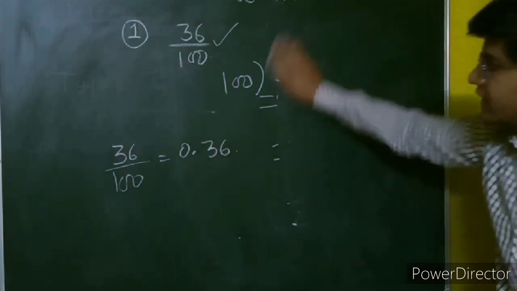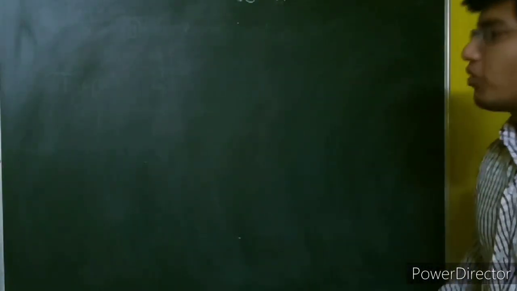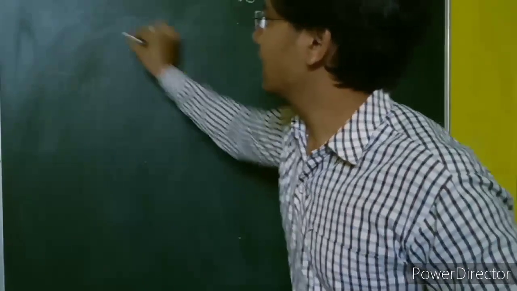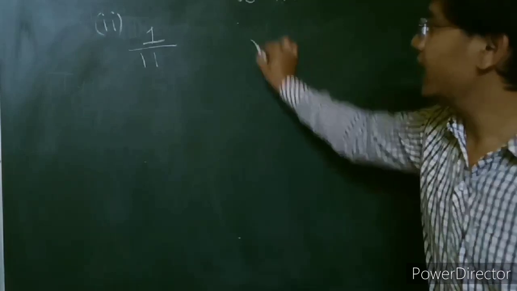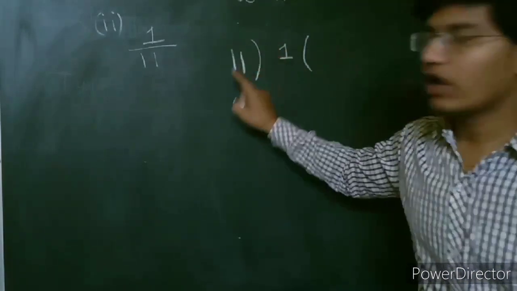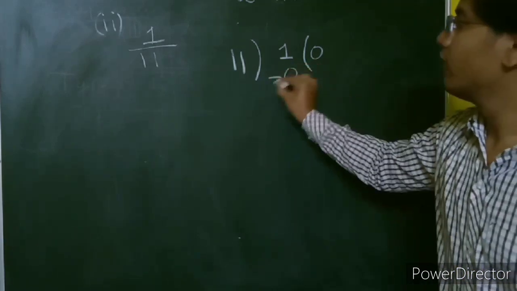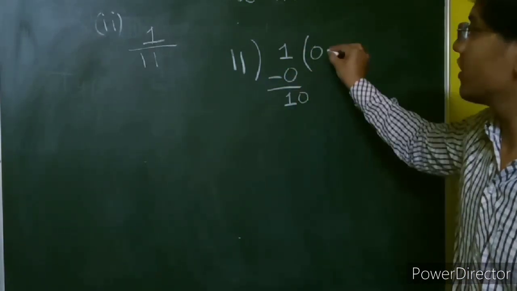Now the second question, they are asking 1 upon 11. We have to represent 1 upon 11 in the form of a decimal. Now 1 we have to divide by 11. 11 table 1 is not coming, so 11 zeros are 0. 1 minus 0 is 1. We will consider here 1 0, so here point will come.